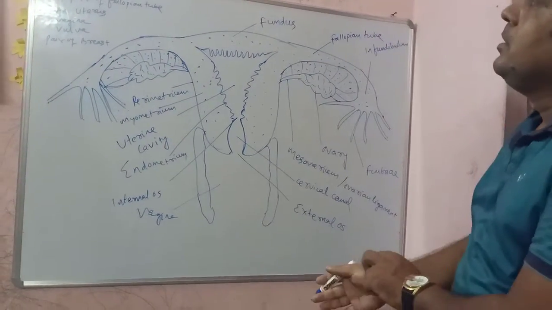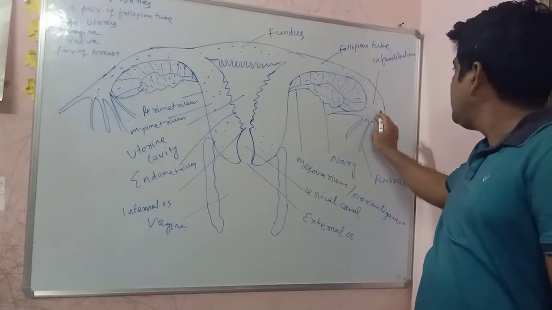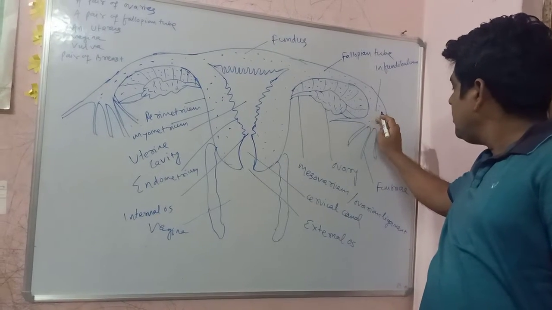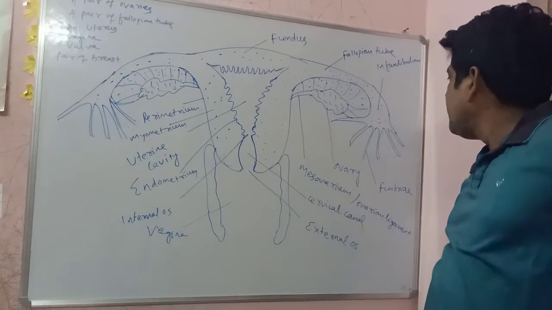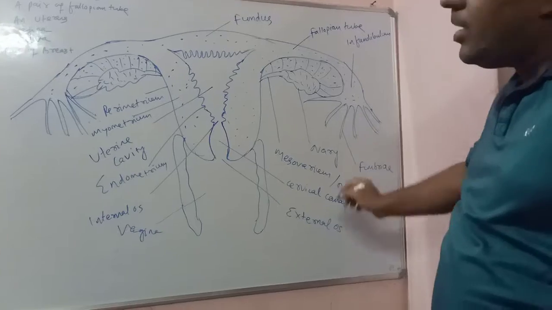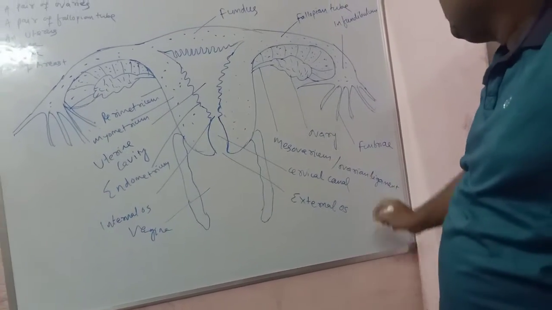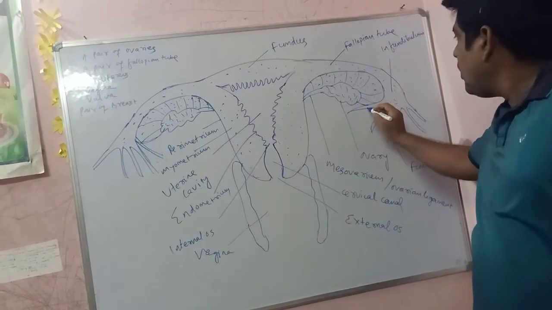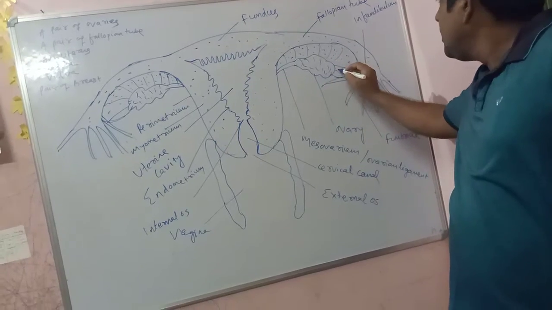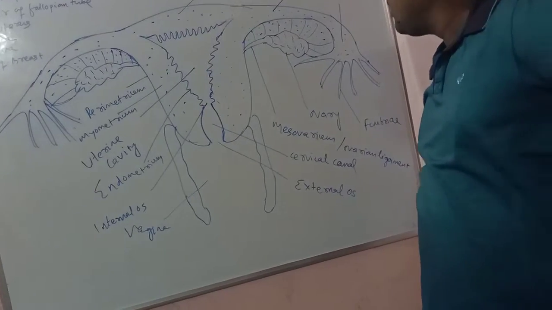The infundibulum is the dilated part of the fallopian tube. It bears many finger-like projections called fimbria. These are the fimbria, and one of the fimbria is connected with the ovary, which is called the ovarian fimbria.